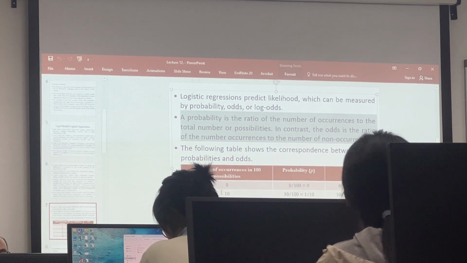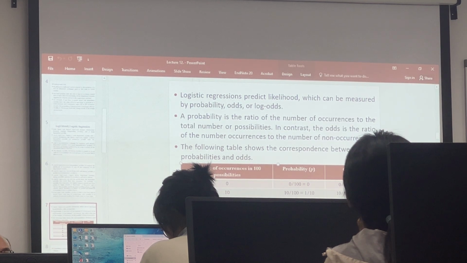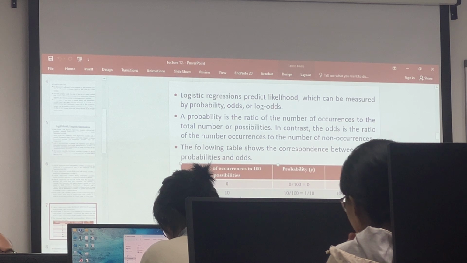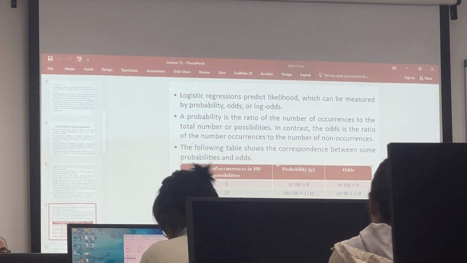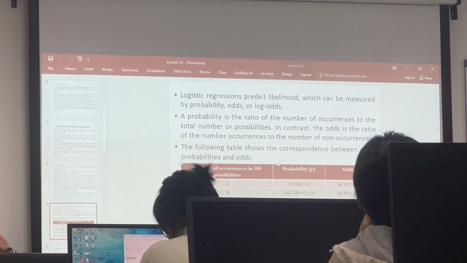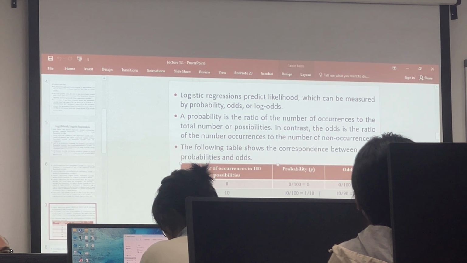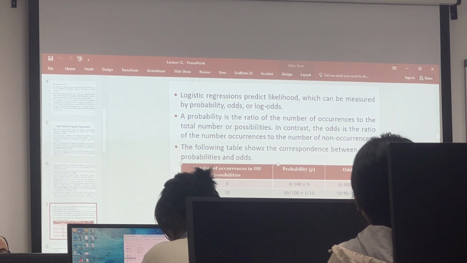But if out of that 100, 10 of the outcomes are heads and the remaining 90 are tails, then the probability of getting heads is 10%, or 1 over 10. But the odds are 1 over 9, because it is the number of occurrences, 10, over non-occurrences, 90.